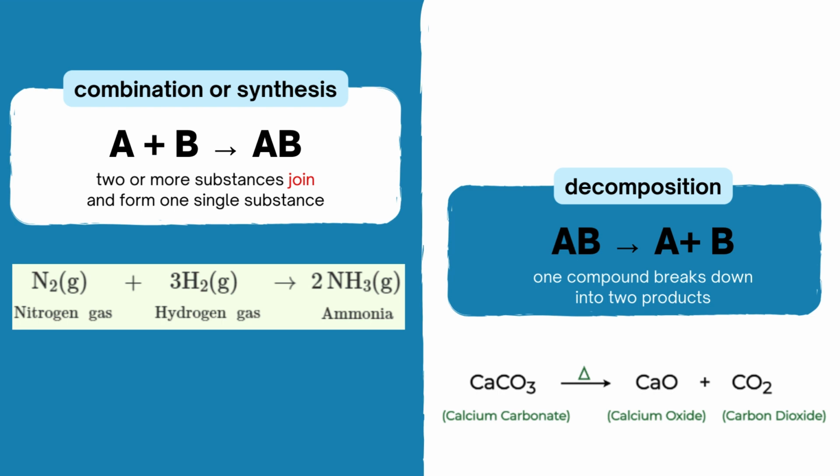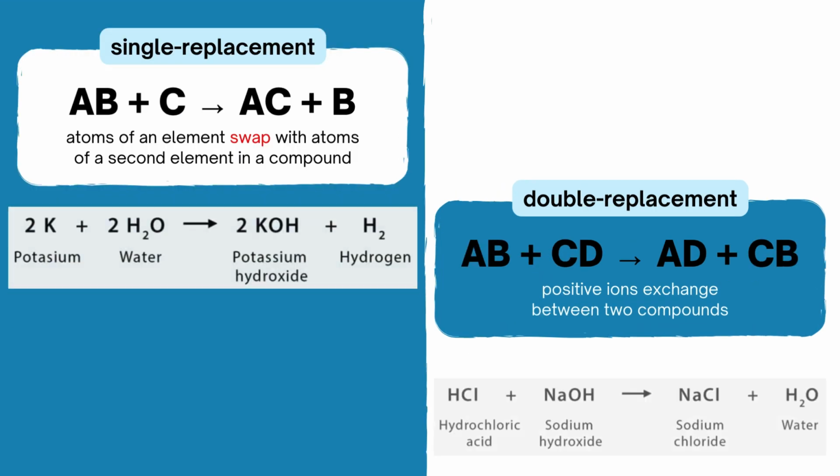Next one, in decomposition reaction, a particular compound breaks down into two products. Example, we have calcium carbonate. It decomposes into calcium oxide plus carbon dioxide. So this compound breaks down into two more compounds.